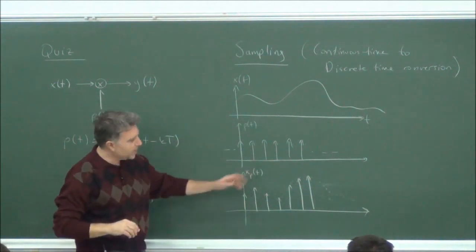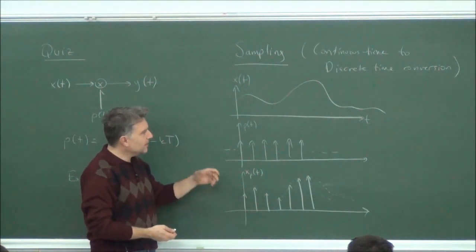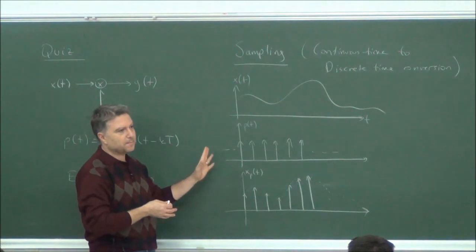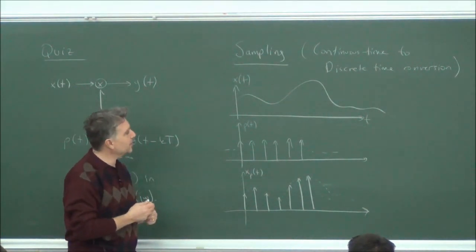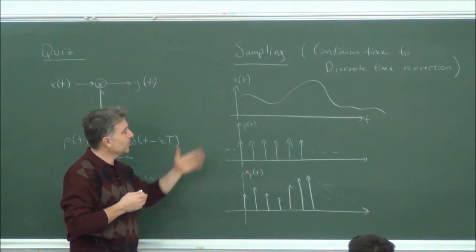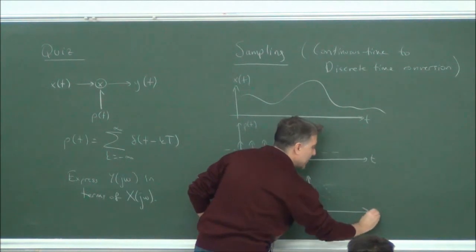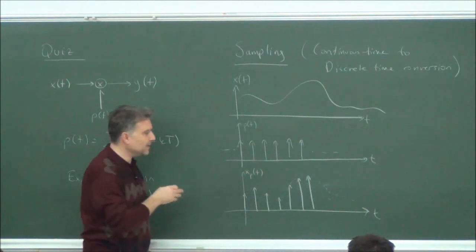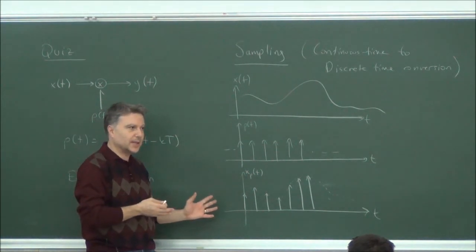So these new impulses, as you see, will have now different scales. This is the initial mathematical step of sampling, continuous time to discrete time conversion. However, as you see, this xp of t is still a continuous time signal. It's not a discrete time signal yet.